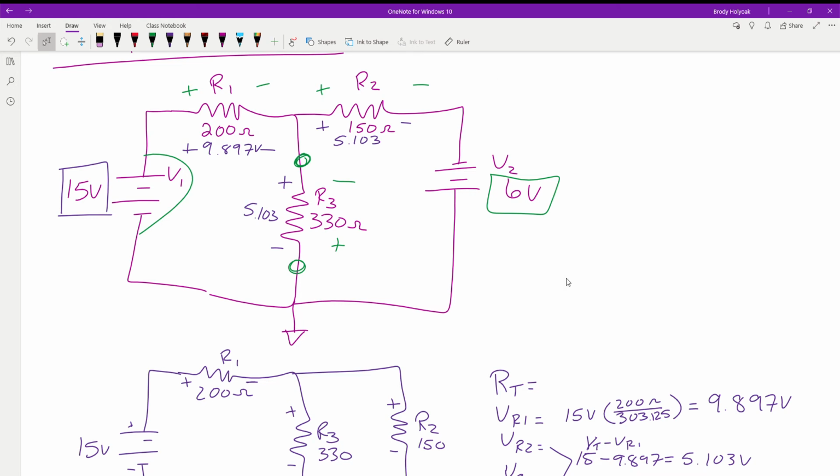All right, so we have our polarities. Now we've got to transfer the values that we got back to our original graph. So R1 is 2.722 volts. R3 is 2.722 volts. And R2 is 3.722.